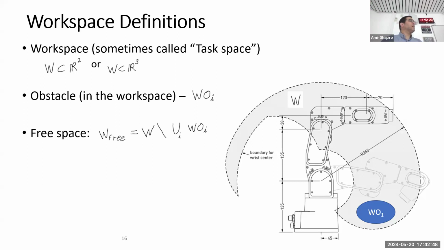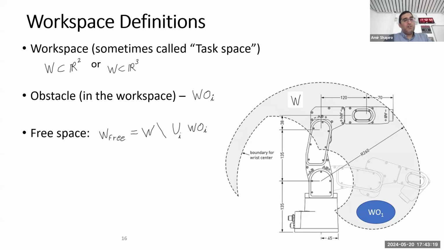Sometimes we have obstacles in the space of the robot. Then we call them workspace obstacles, WOi. W is the workspace, as you can see here. And the free space is W free, the entire space without the union of all the obstacles.